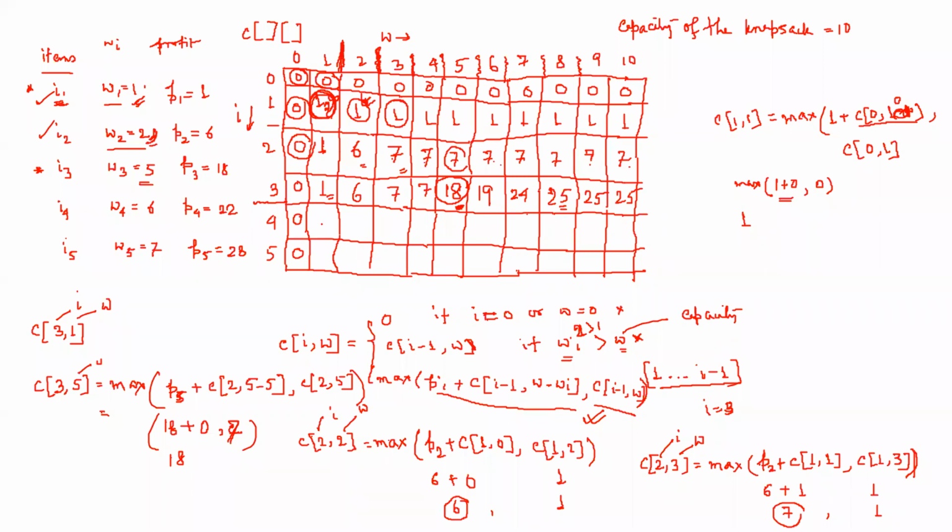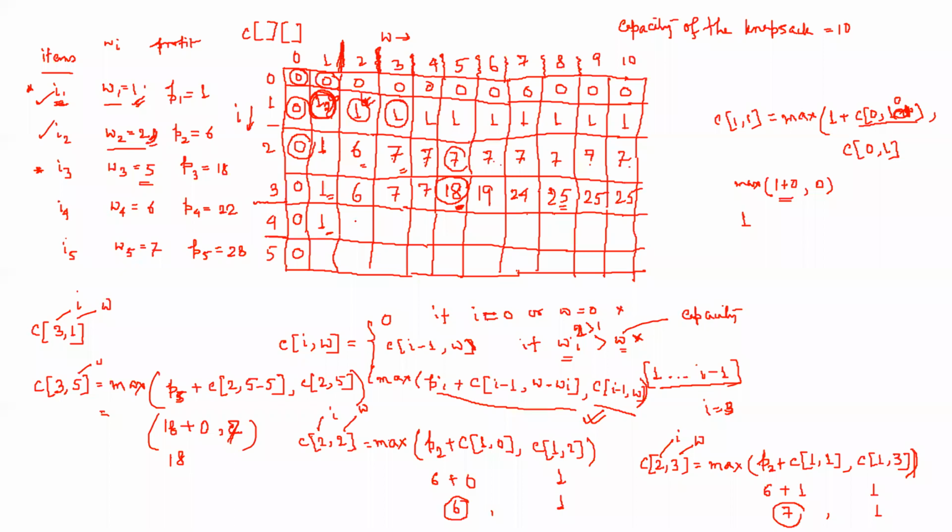Okay, so if the capacity of the knapsack is 1, which item can I choose? This row indicates that up to item number 4, I have this item. I will be able to choose only item 1, so its profit will be 1.